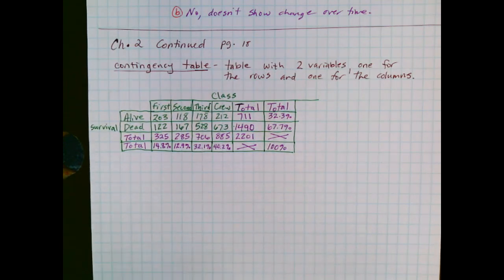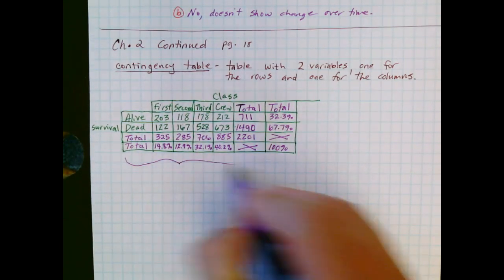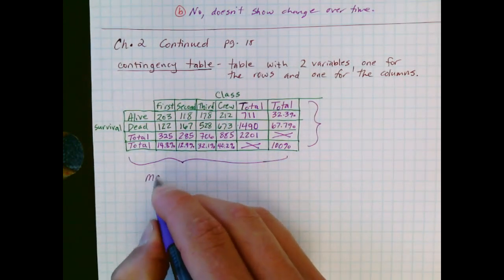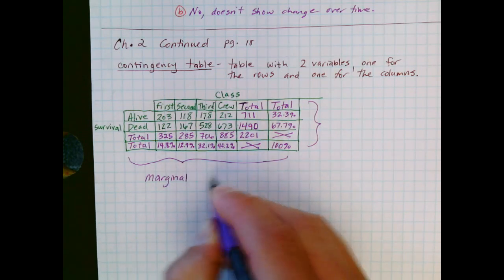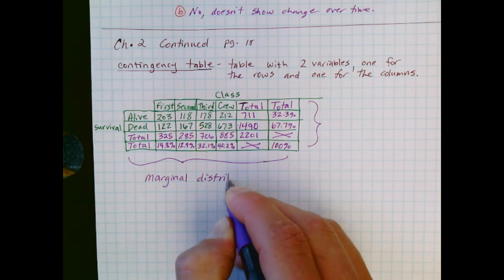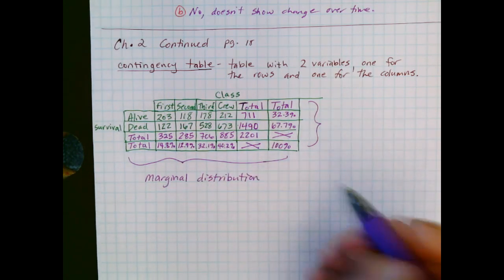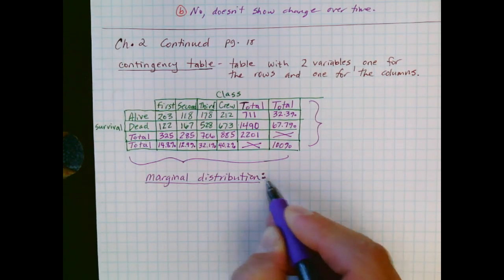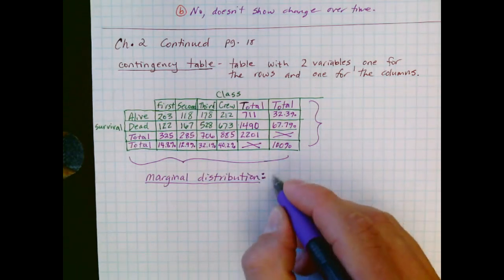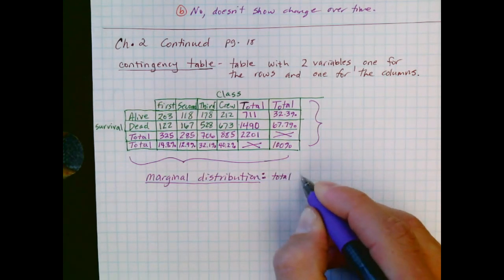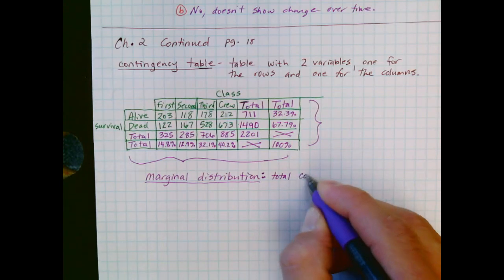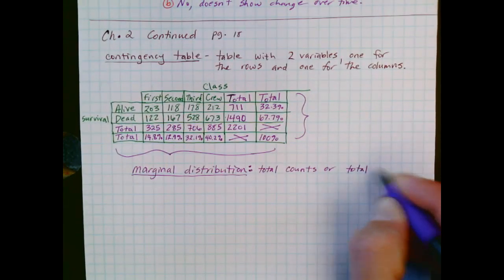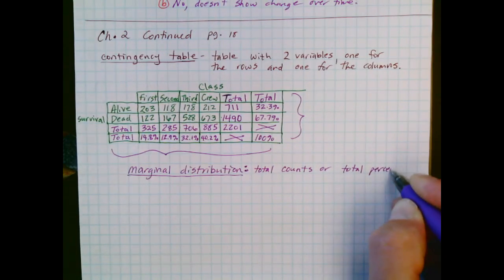And then everything that I have in purple here, because they lie in the margins, that's going to be the marginal distribution. And it's basically going to be the total counts or total percentages.